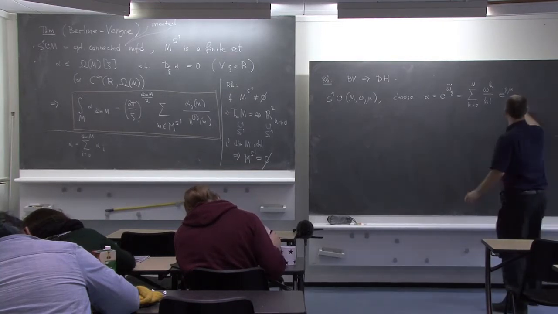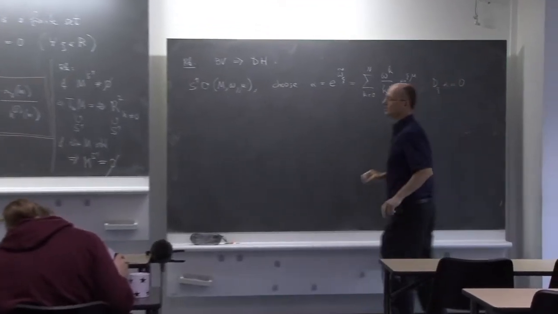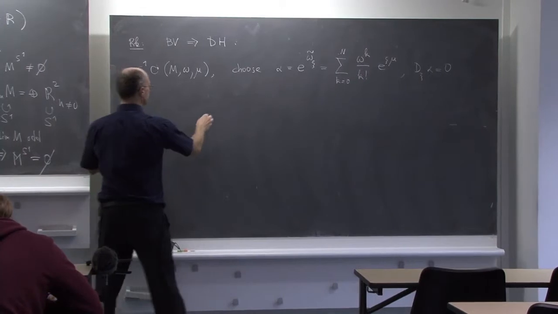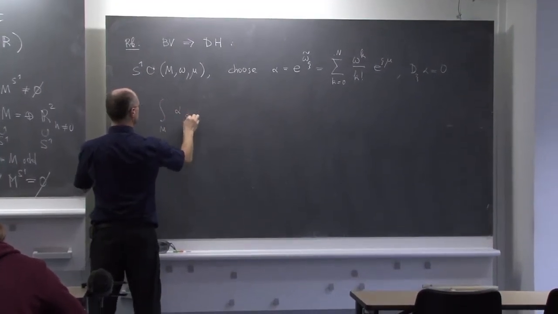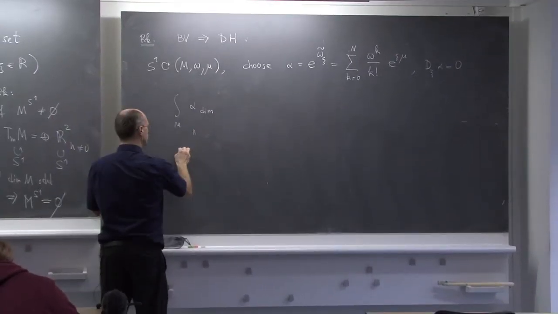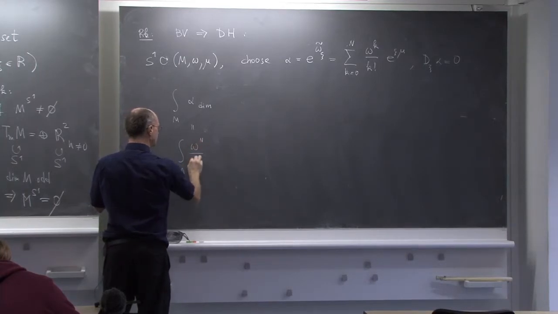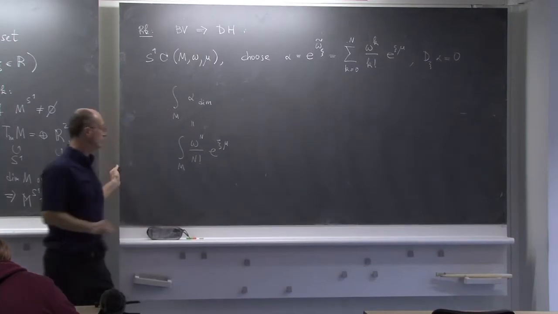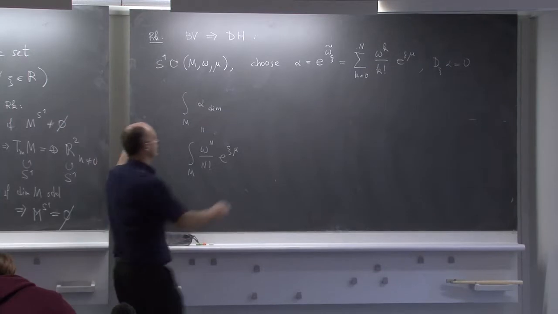We actually know that d psi alpha is 0, which we already established before. An integral over M of the dimension m component will be the integral over M of omega^n over n factorial times the exponential of psi mu, because that's the dimension m component.